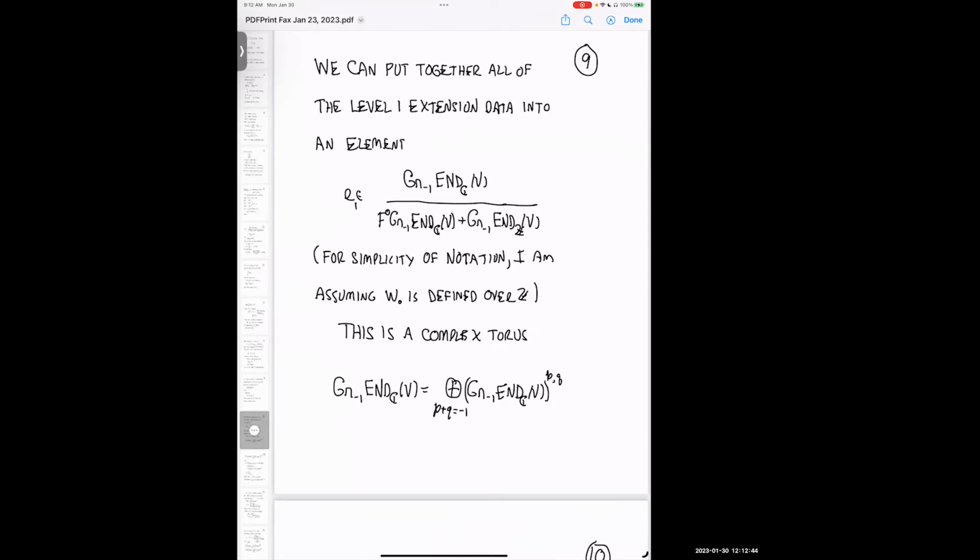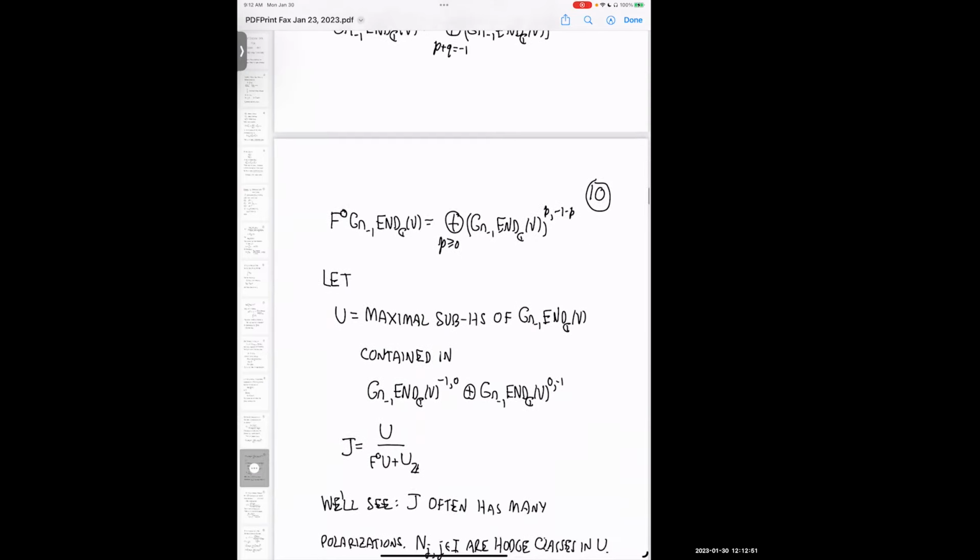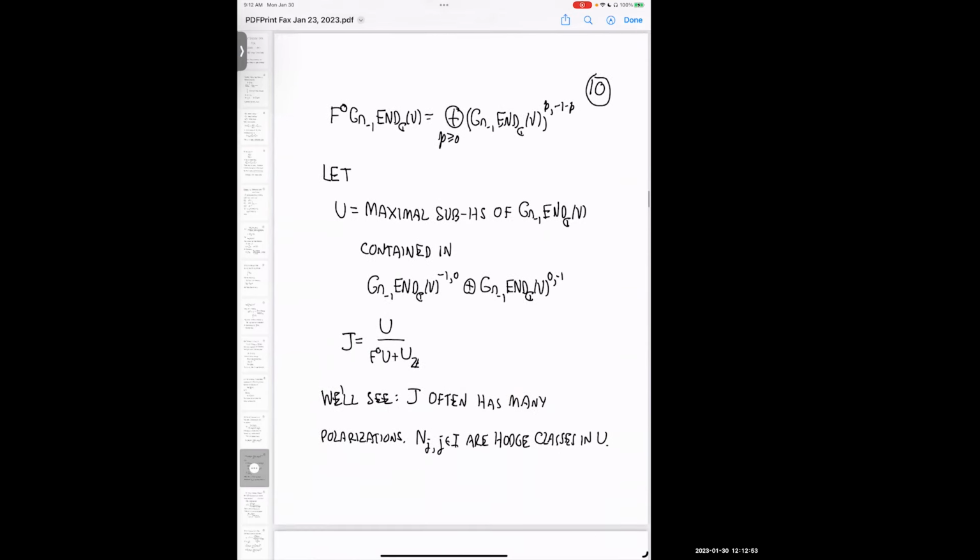So P plus Q is -1. So F naught, of course, is where the P is bigger than 0. But the interesting part is now let U be the maximal sub-Hodge structure of this graded -1 that's contained in the -1, 0 plus the 0, -1 piece. So this is the middle of the Hodge decomposition of graded -1 of NV.